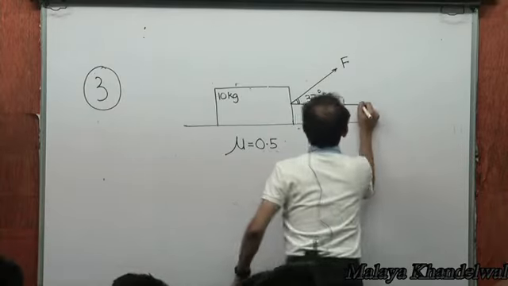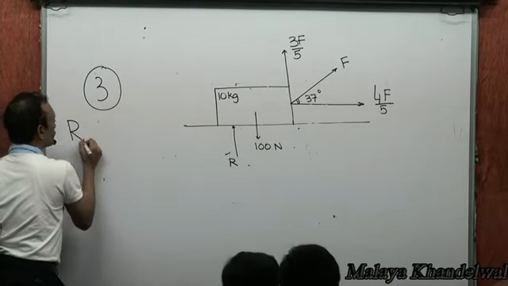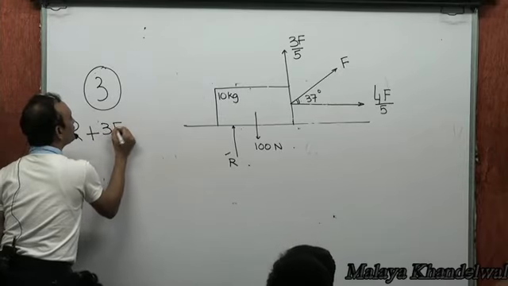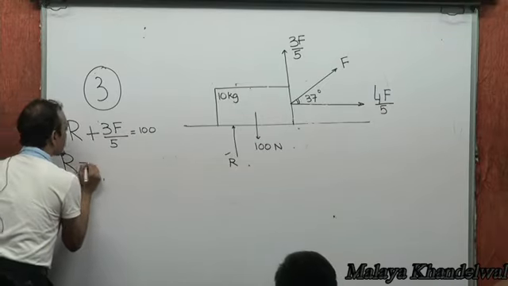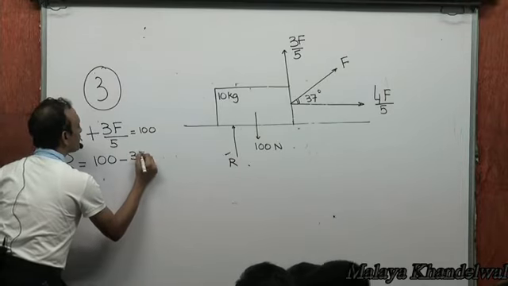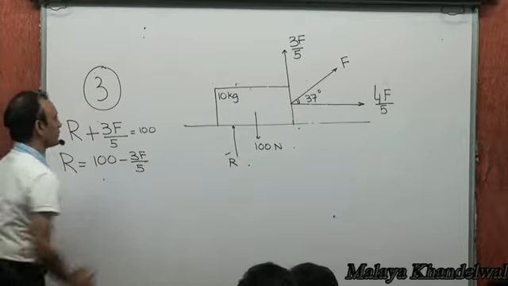If the normal reaction is R, then very clearly, to calculate R for any given F, what would R be? R plus 3F by 5 must balance 100 newtons. Yes or no? Therefore, the normal reaction for any F is going to be 100 minus 3F by 5. Yes or no? Right? Okay.